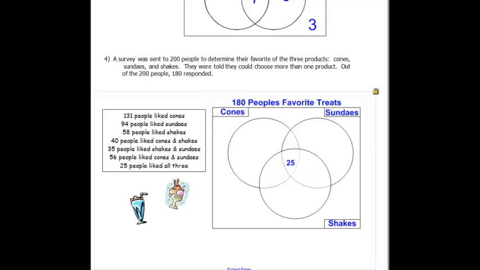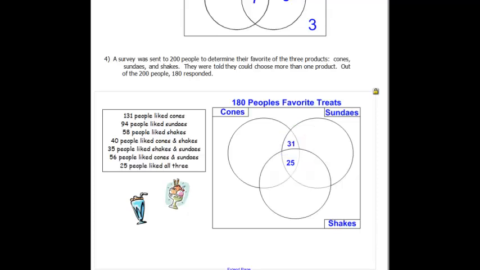Now I use that to work backwards because I have some information in all 3. I know that 56 people like cones and sundaes. So I can subtract the 25 from the 56, and I get 31. So the 31 would go right there because that's cones and sundaes.